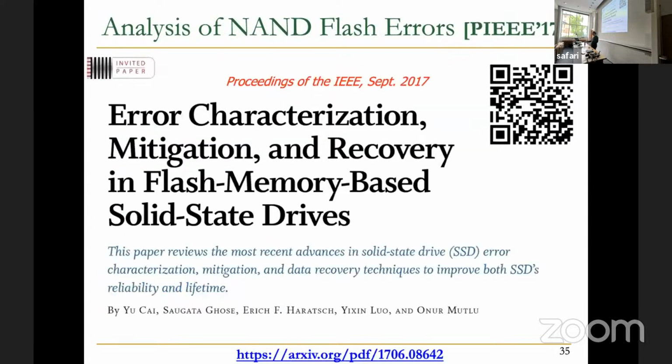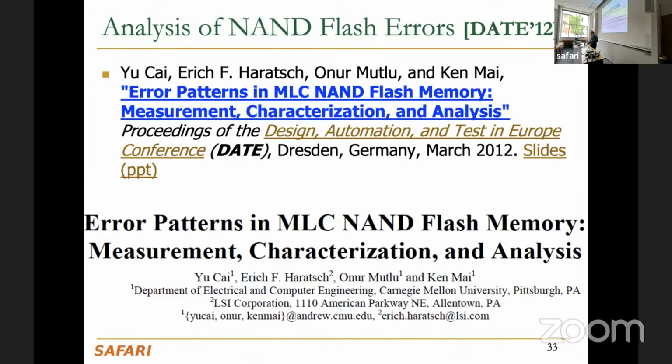We look at, and this is a summary of a lot of the work that we've done until 2017 or so. If you're interested in SSDs and error characteristics, this is a really long summary, and hopefully it's a nice summary. But we actually studied a lot of read disturbance characteristics in flash at the same time. So if you look at these earlier papers, we analyzed read disturbance, etc. It was not a huge problem at the time in flash. It became much worse over time.